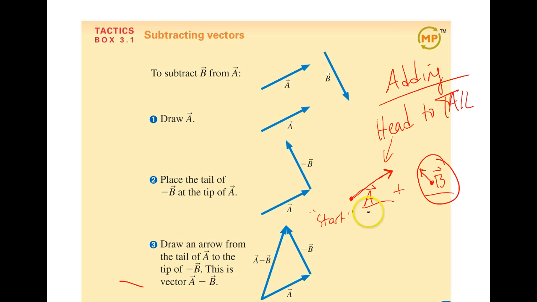So the thing that you're adding, the second thing in the list, when you're adding this stuff up, that's the one that's going to move over and be set with the head of the first one to the tail of the next one.